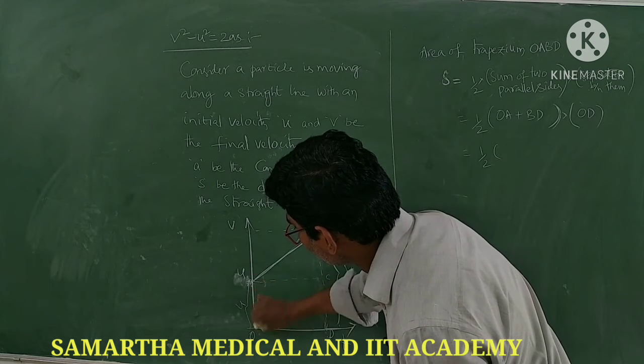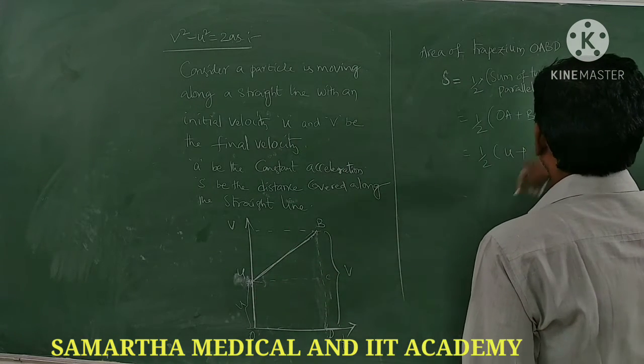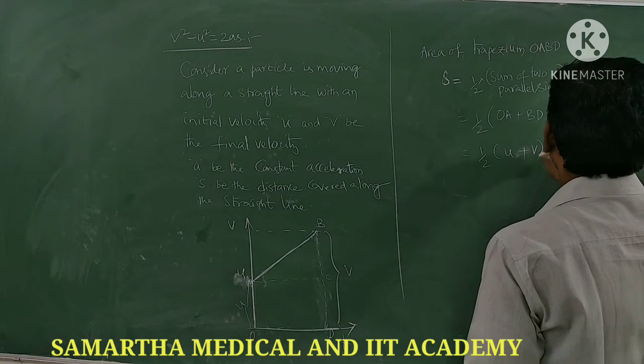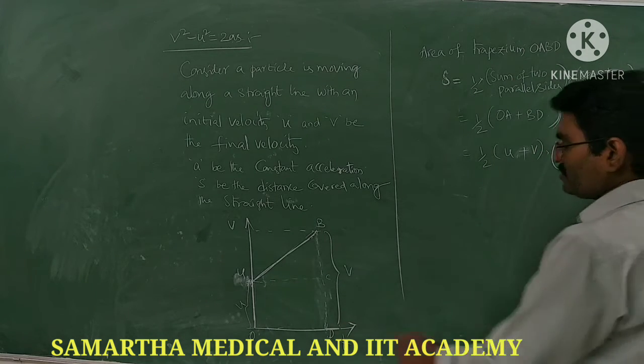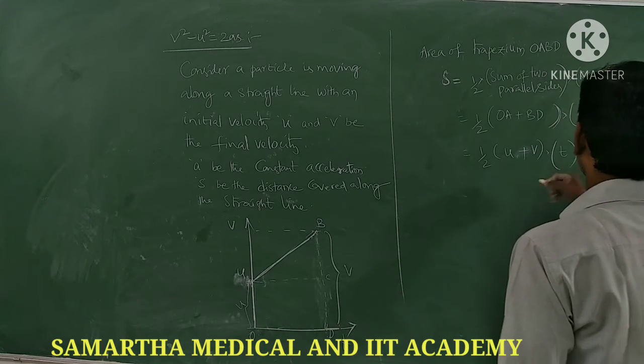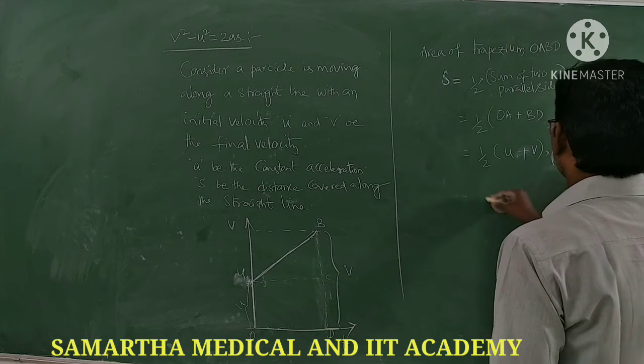BD is v. And OD is the time taken, the time value on the x-axis.